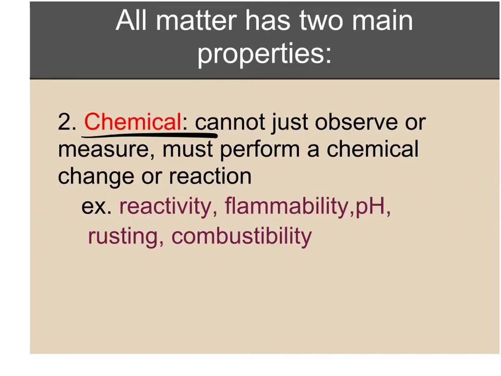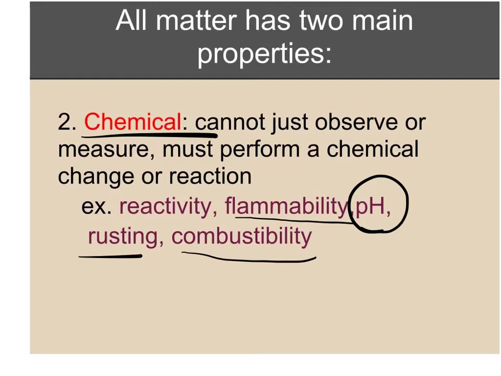So, for example, chemical properties are things like reactivity. That's how reactive a substance is in water, how reactive it is in air, etc. Flammability is how well it's going to ignite. Combustibility is how well it burns in oxygen. There's also things like pH of the substance, and rusting, which is another process called oxidation.